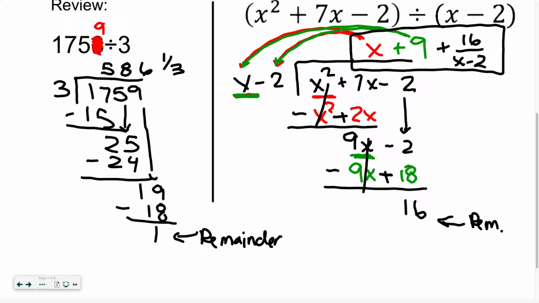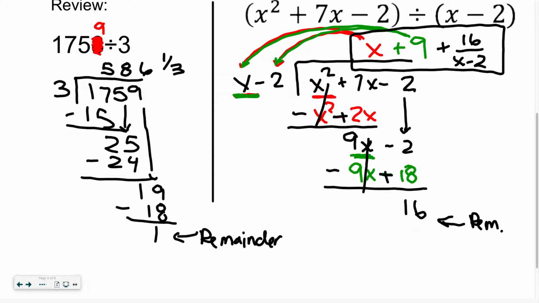Okay. Do you agree that what we're saying is if we multiply these things together, we would get 3 times 586 and 1/3, that we would get 1,759. Okay? So what we're saying over here in polynomials, if I take this binomial x minus 2 and I multiply it by this whole expression, I will get x squared plus 7x minus 2.